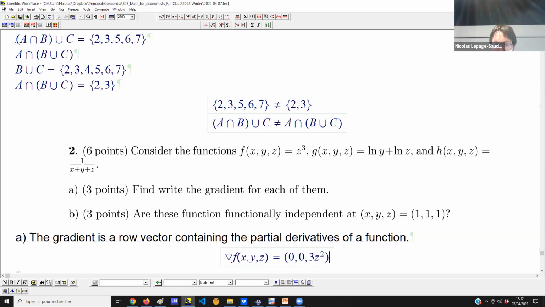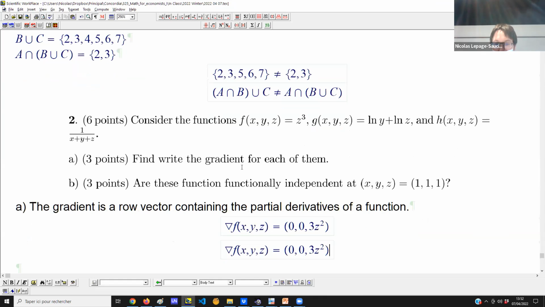Okay, that's for f, and then j. It's horizontal, it's a row vector, because later on for the Jacobian we stack them on top of each other.